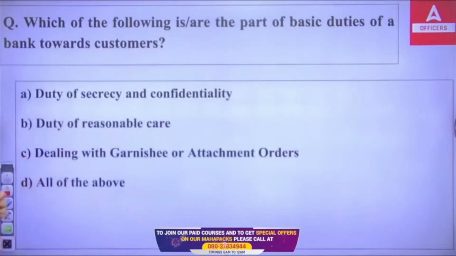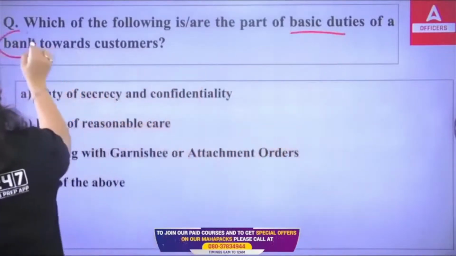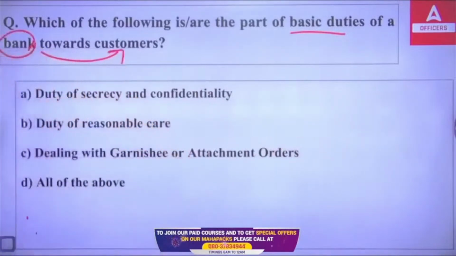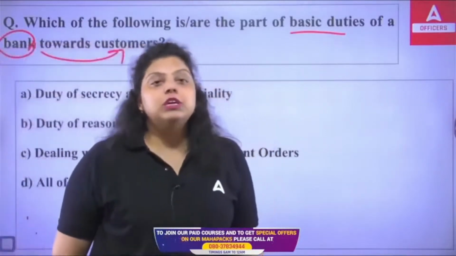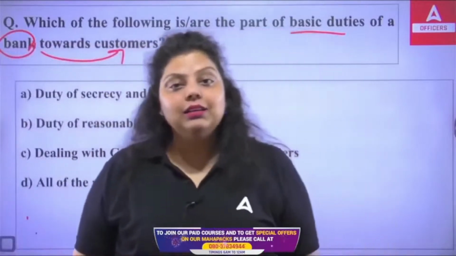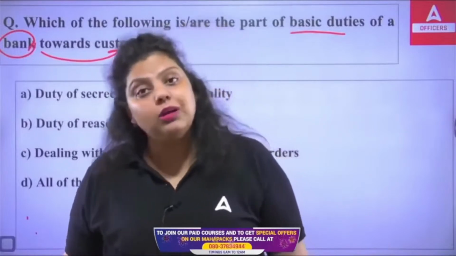So out of these particular duties, which of the following is the basic duty of a bank towards the customer? The bank has a duty of secrecy and confidentiality, is it? Yes, it's true. The bank can't share the information of the customer with a third party until and unless the customer allows you to do so, or until and unless law says so.